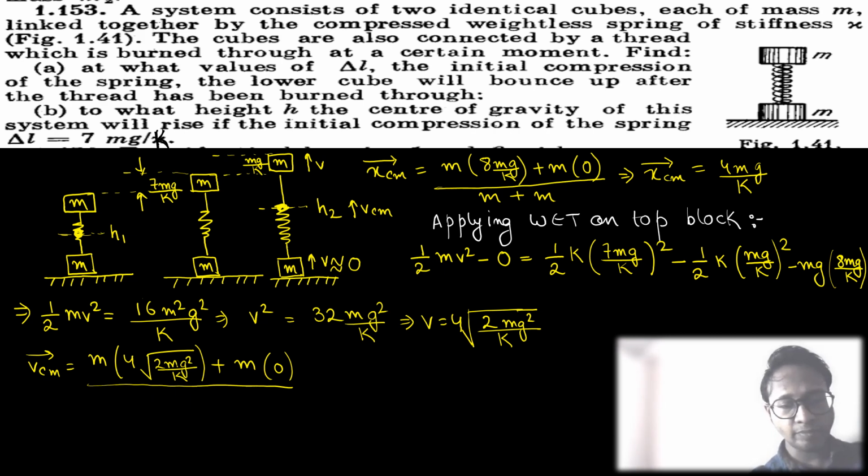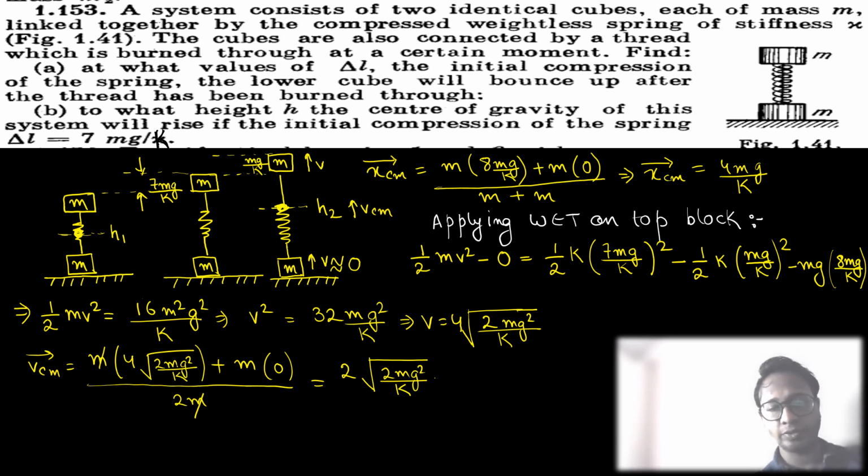M plus m is nothing but 2m. Now m and m would get cancelled, so it would be 2 under root 2 m g square by k. This is the velocity of center of mass at this point.